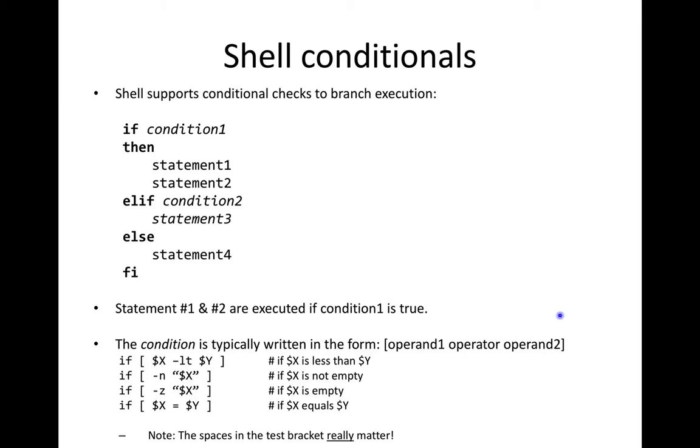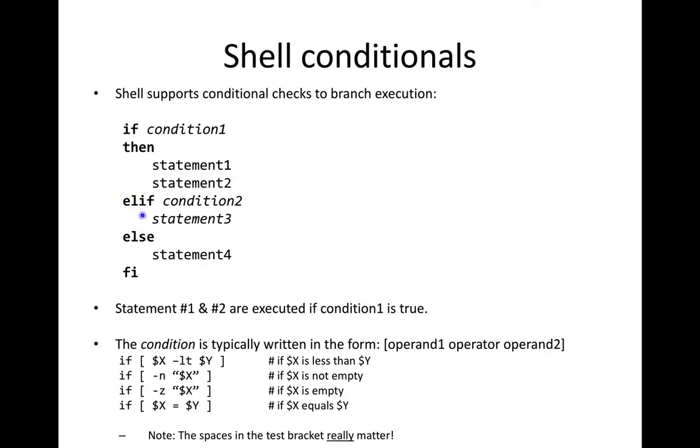Just like any programming language, we can conditionally run commands using if-then-else statements. The syntax for an if-then-else statement in a shell script looks like this, where we have if some condition that's evaluated, if this condition is true, then execute a block of statements.